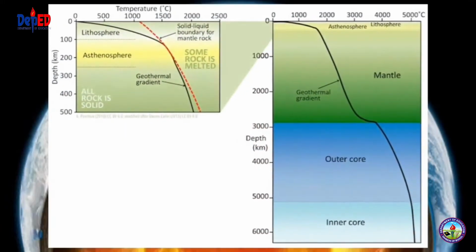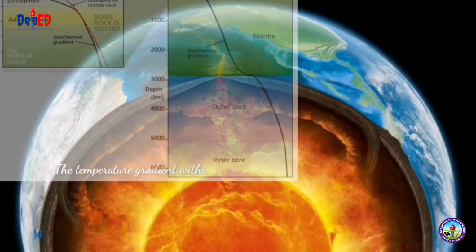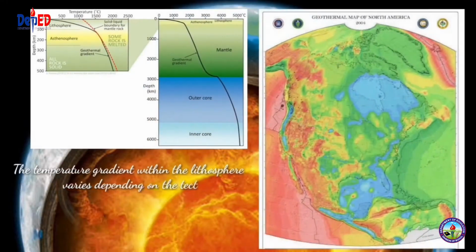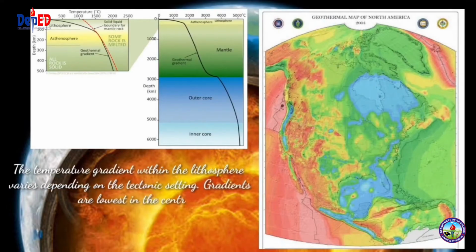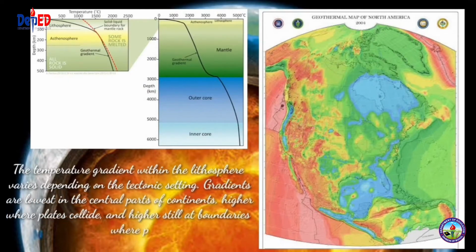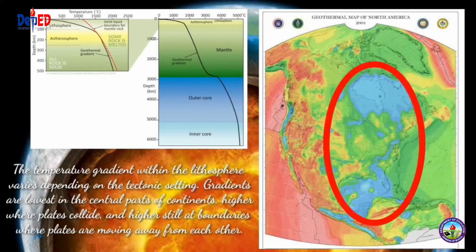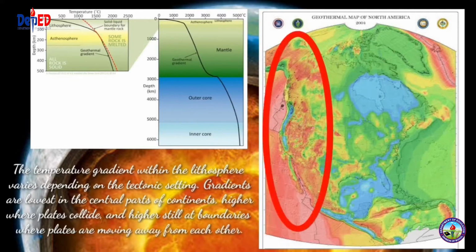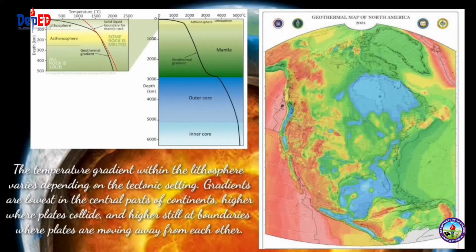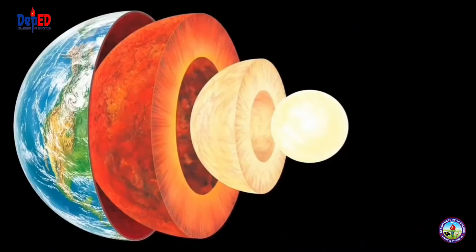This figure shows the geothermal gradient in each layer. As you can see in the graph, the temperature gradient within the lithosphere varies depending on the tectonic setting. Gradients are lowest in the central parts of continents, higher where plates collide, and higher still at boundaries where plates are moving away from each other.